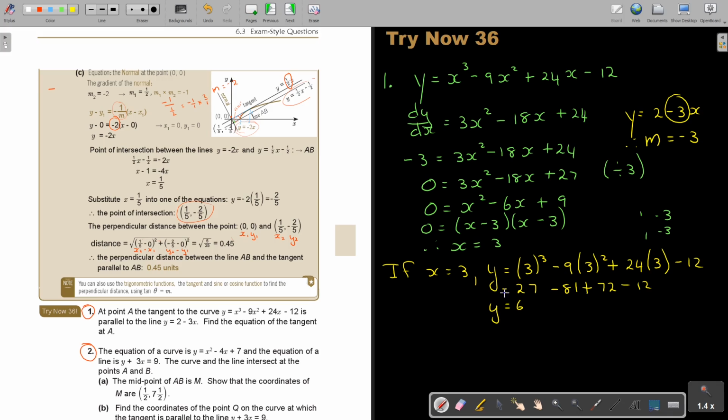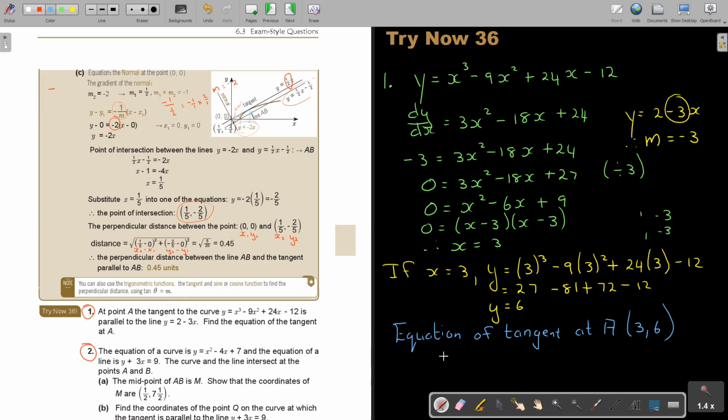So, let's change colors again. The equation of tangent at A, 3 and 6.